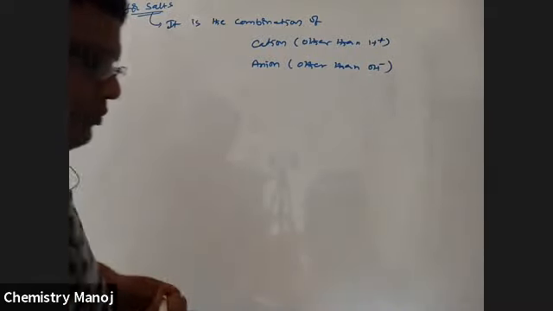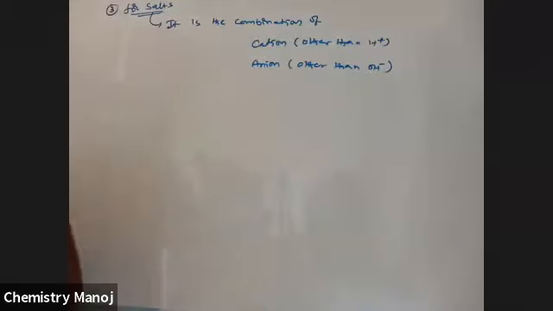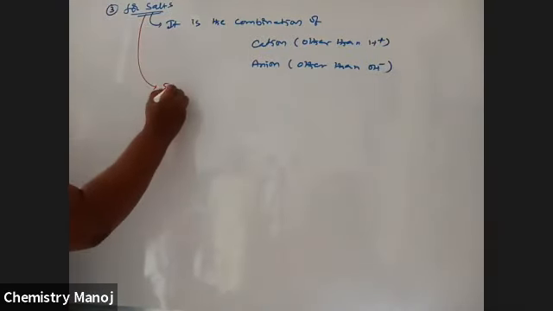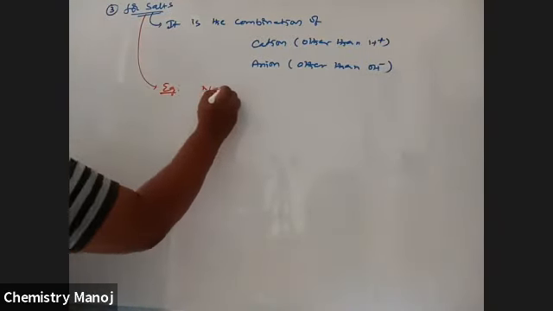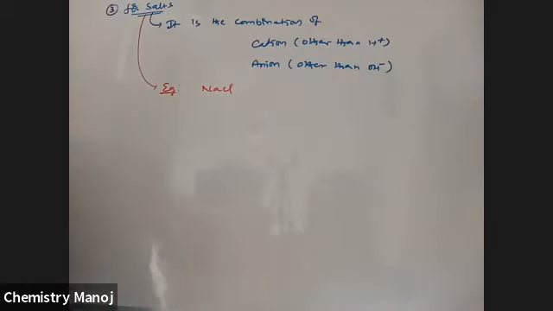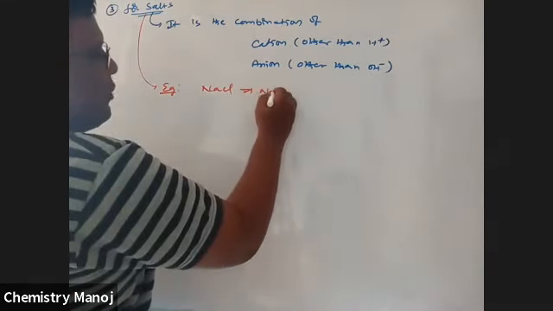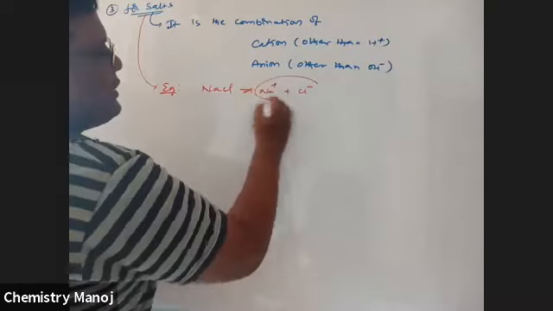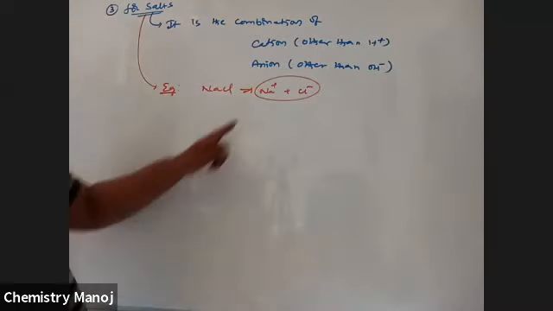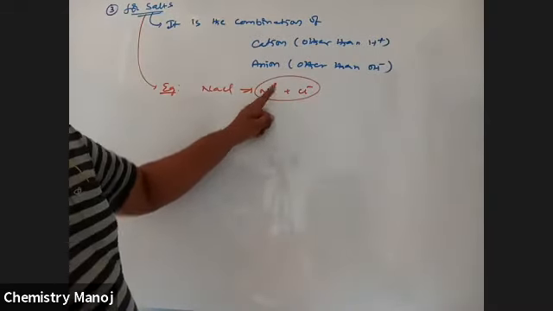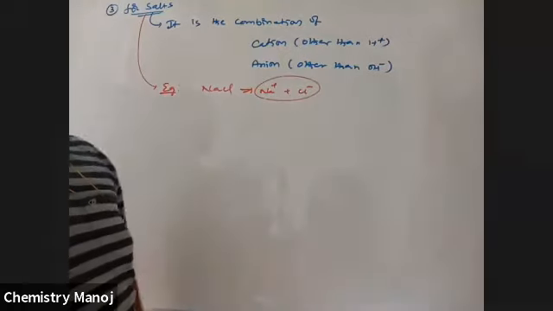See an example. An example of a salt is NaCl. NaCl is the combination of Na plus ion and Cl minus ion. This is the cation, this is the anion. The cation is not H plus, the anion is not OH minus.